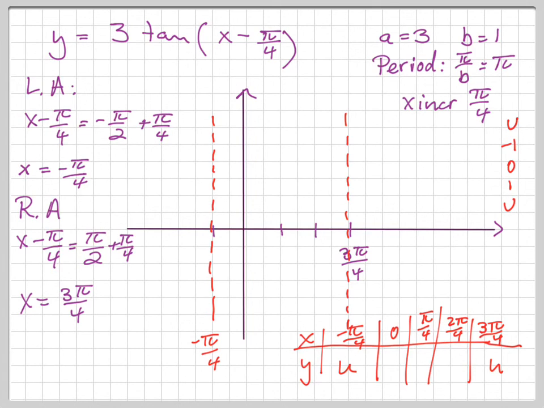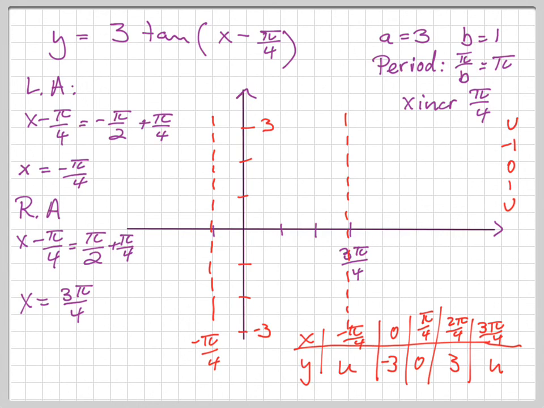But a is 3, so we multiply that 3 by -1, that's -3, 0 times 3 is 0, and 1 times 3 is 3. So here are my corresponding y values: -3, 0, 3.